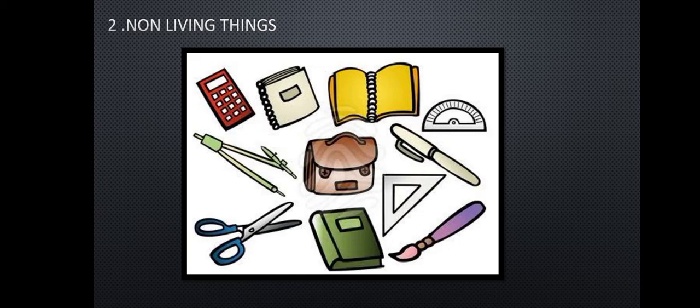It also consists of non living things which we can find all around us. These non living things include different types of materials which cannot eat, breathe, or grow. Such things are called non living things, and these non living things are also a part of our environment.